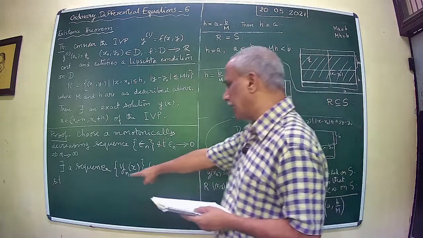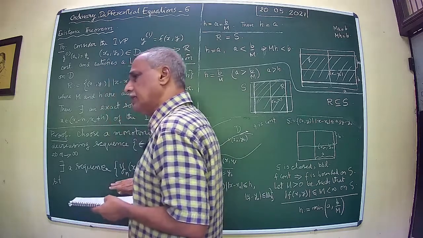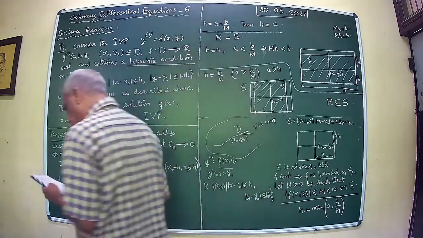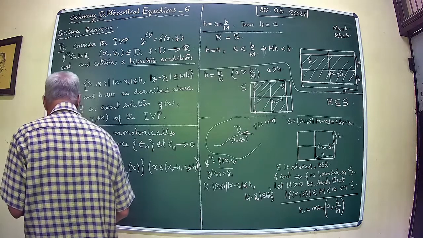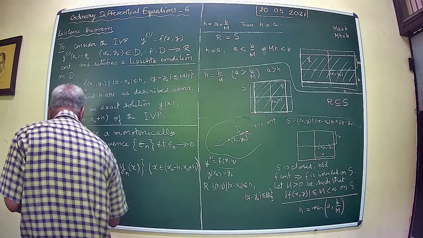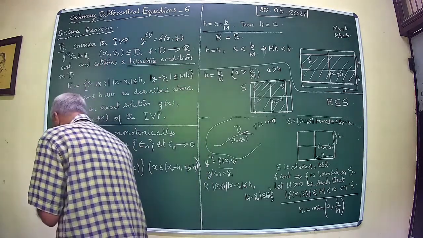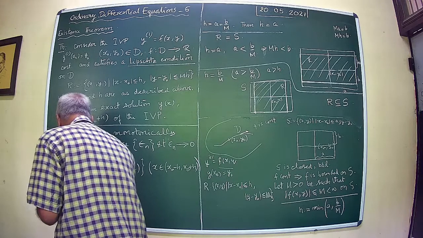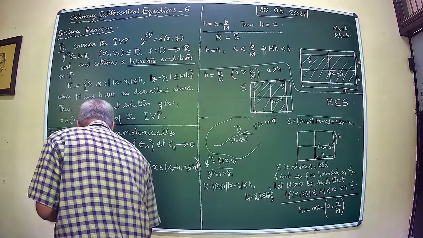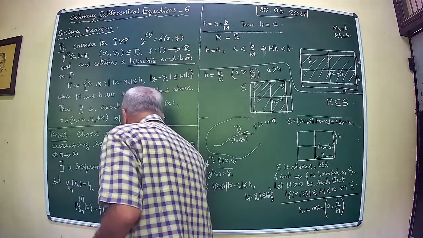These y_n are continuous, all the y_n are continuous, but each y_n fails to be differentiable on a finite set of points, and also you have y_n(x0) = y0, we take the initial data the same for all of these, and having the property that |y_n'(x) - f(x, y_n(x))| is less than or equal to epsilon_n.